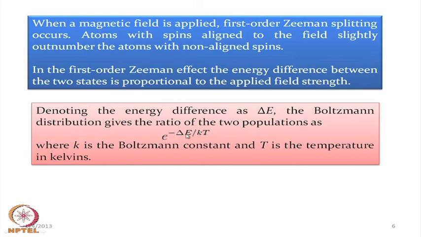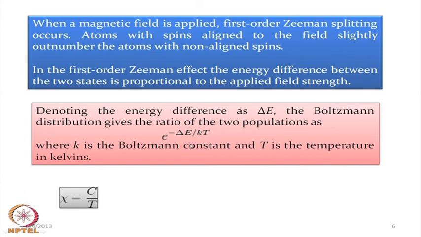So, at that point when the delta E values are much less compared to the kT value, we can consider it as 1 minus delta E by kT. Therefore, the susceptibility term, the chi value, will be inversely proportional to the temperature.